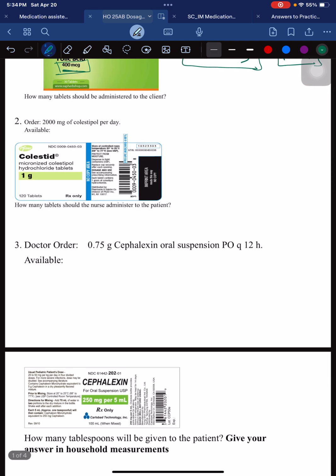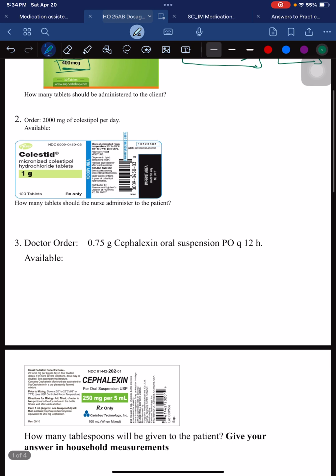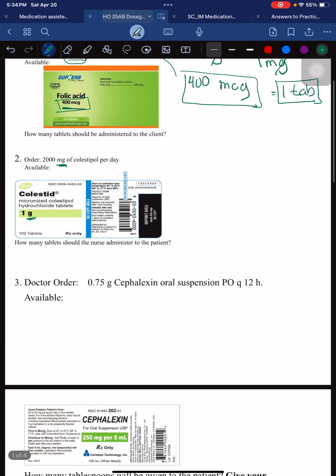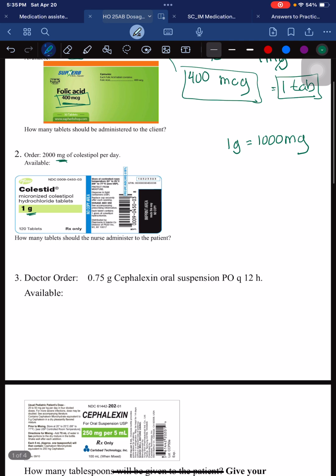Okay, on the second problem, you would do the same thing. Here, the doctor's order is in mg, however, it only comes in grams. So you need to convert it. Our conversion, again, 1 gram is equal to 1,000 milligrams.